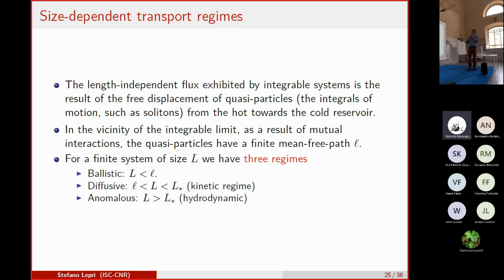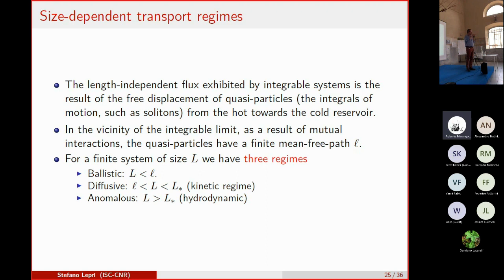The quasi-particles will just travel, they will not have any scattering. If you exceed this L, so if the system is large, you will enter what I call a kinetic regime. In this case, the quasi-particles will just diffuse. And this will be a standard diffusion, presumably, because you will not see the longer scale effects. And then, for even larger sizes, you should have a crossover to hydrodynamics.